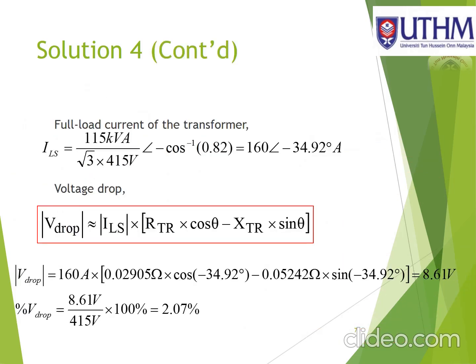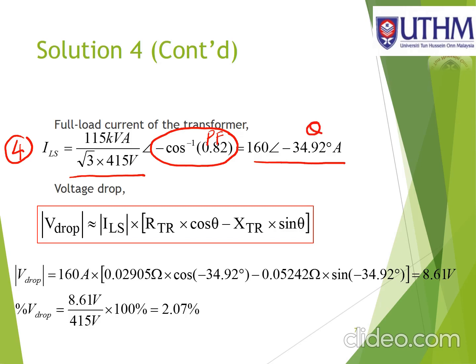Next, step number 4, we calculate the full load current of the transformer if not given in the question. So I_LS is equal to S divided by square root 3 times 415, at angle inverse cos of the power factor. This is the power factor value, so this one is theta.